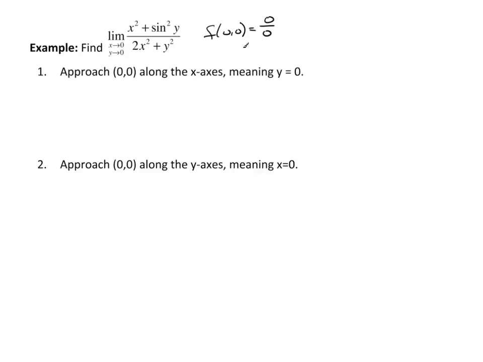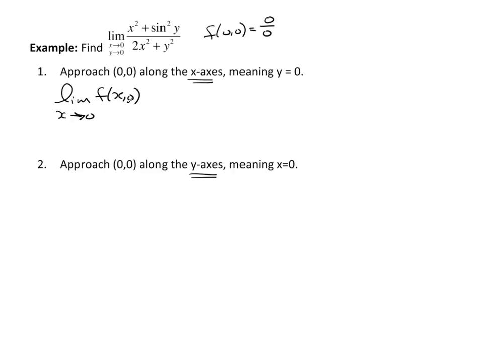So one of the tactics is to see what happens along the x-axis, and then see what happens along the y-axis, and then we consider other possibilities as needed. So if I'm first going to take a look at what happens along the x-axis, that means that y is going to be 0. So I'm going to take a look at the limit as x approaches 0 of f of x, 0.